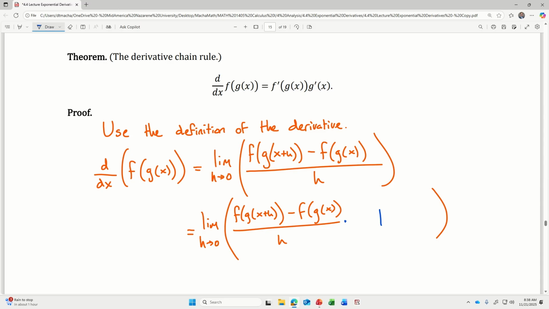What I mean by multiply by 1 is, more specifically, I'm going to multiply by g of x plus h minus g of x, divided by g of x plus h minus g of x.